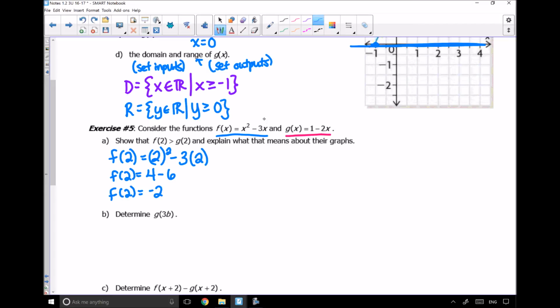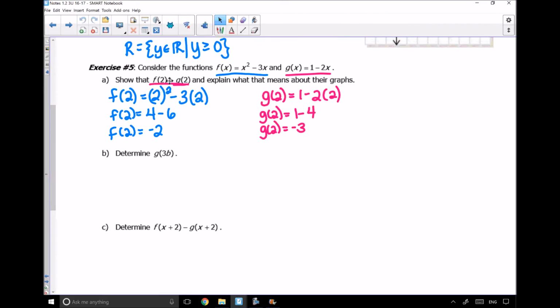So what this is saying is that when my input is 2, my output is -2. Now I also want to do g of 2. Every time I see an x value, I'm going to replace it with 2. So 1 minus 2 times 2. I end up getting that g of 2 is equal to 1 minus 4, so g of 2 is equal to -3.